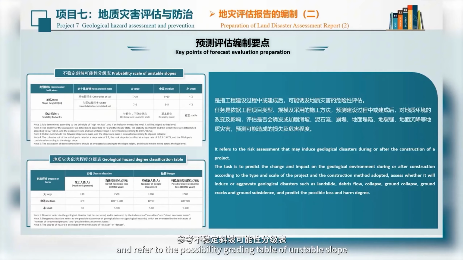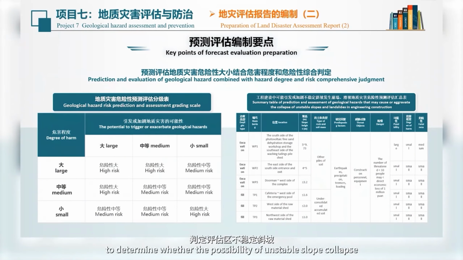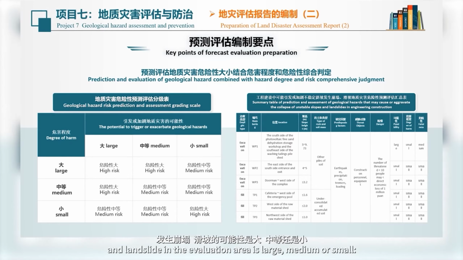Take unstable slope collapse and landslide as an example, and refer to the possibility grading table of unstable slope to determine whether the possibility of unstable slope collapse and landslide in the evaluation area is large, medium, or small.